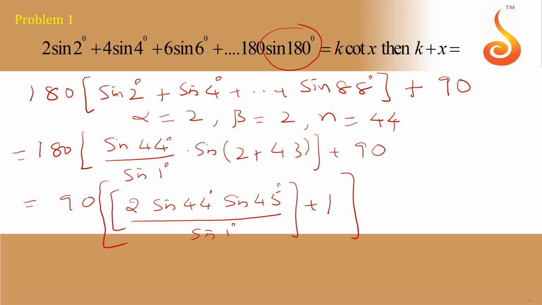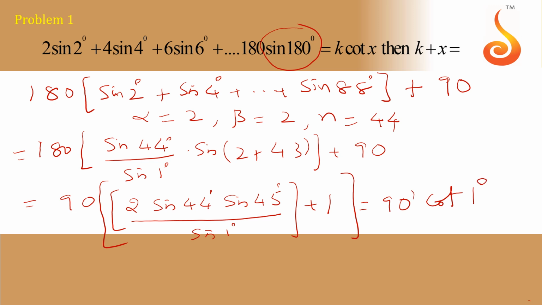So 2 sine A sine B, you can write as cos difference minus cos sum. Cos sum will be cos 89, which is equal to sine 1. So if you simplify this as 90, that 1 gets cancelled, and you get 90 cot 1 degree.